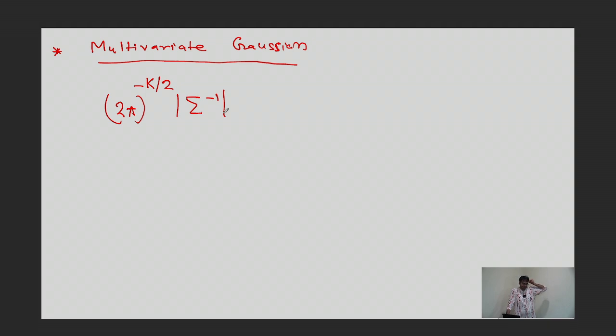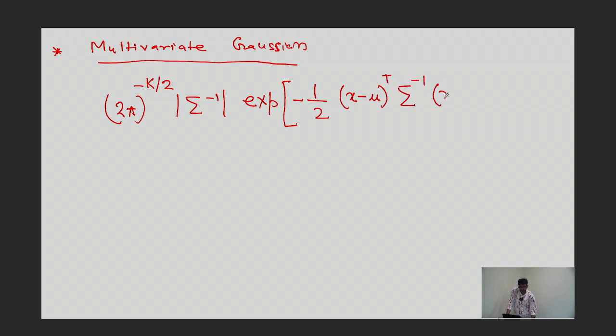The covariance matrix. How does the covariance matrix look? The diagonals are variance, not standard deviation, and the other terms are covariance. Then exponential of minus half, x minus mu transpose, sigma inverse, x minus mu. So this is the multivariate Gaussian.